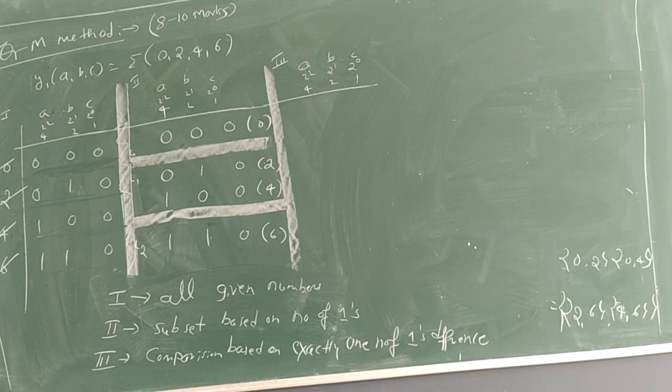Step 3 definition: comparison based on exactly one number of ones difference. Okay, so carefully listen and follow the work.